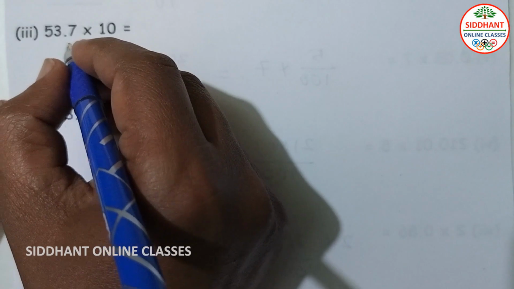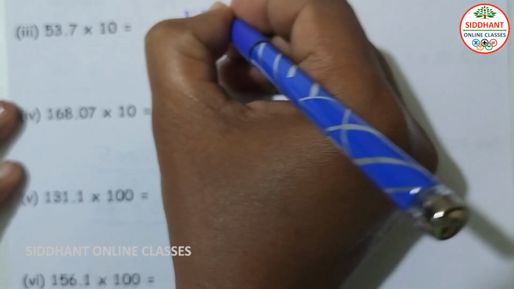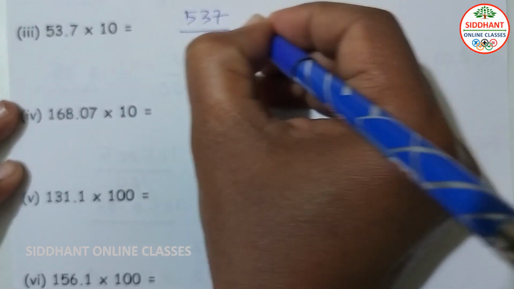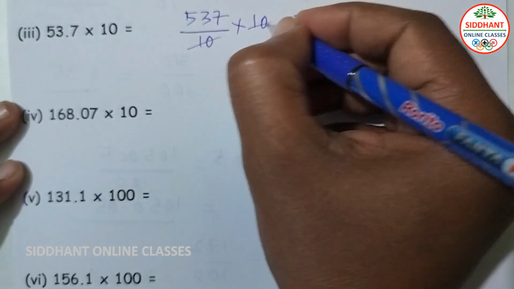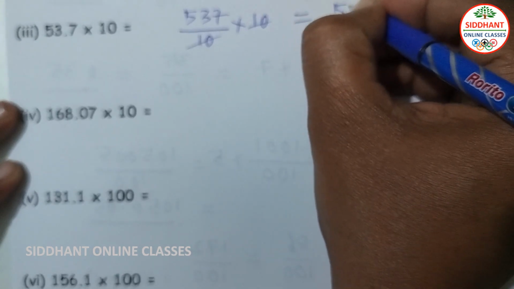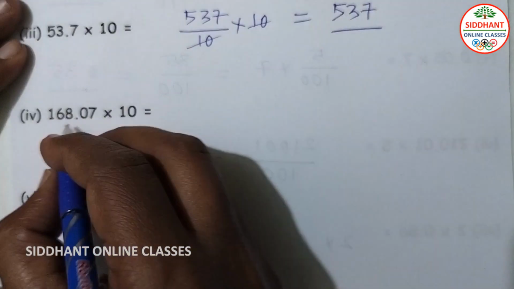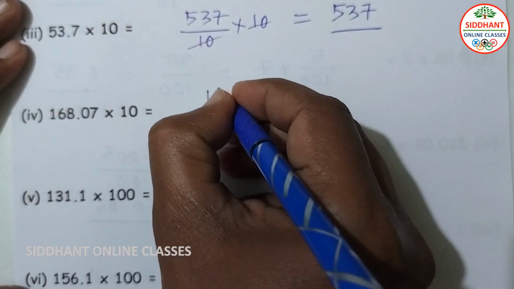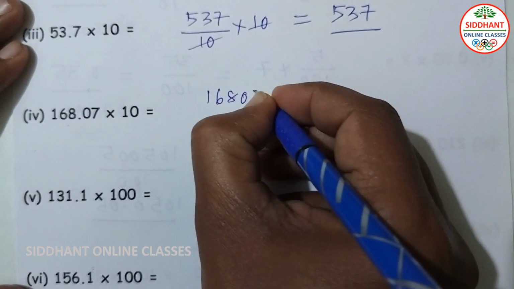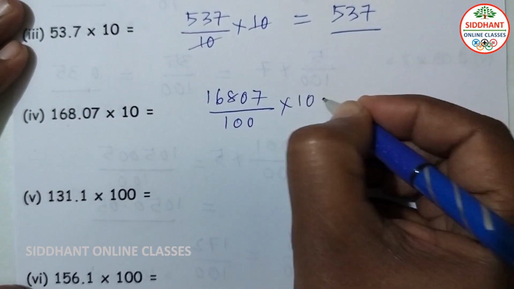Third one, 53.7 into 10. So 537 by 10 into 10. Here 10 cancel. So we get 537. Fourth one, 168.07 into 10. 16807 by 100 into 10.